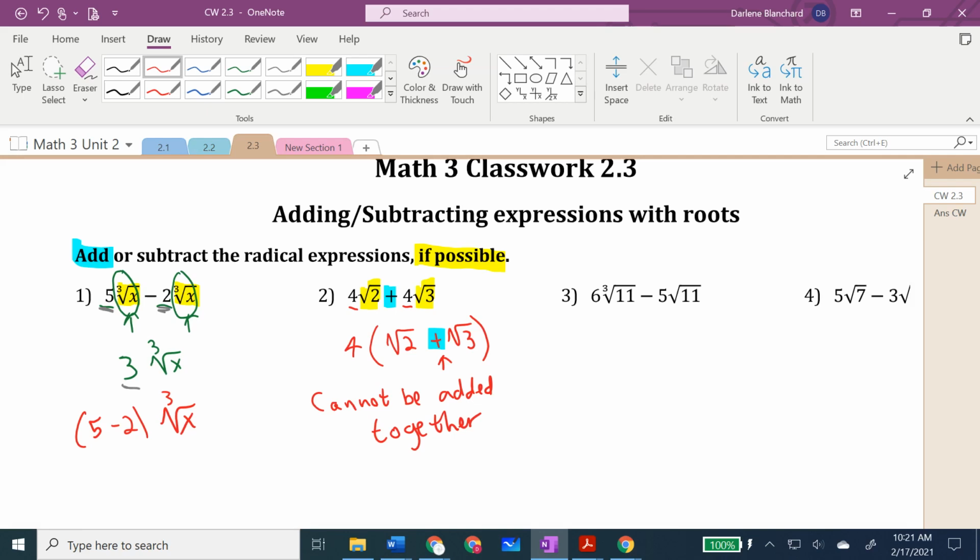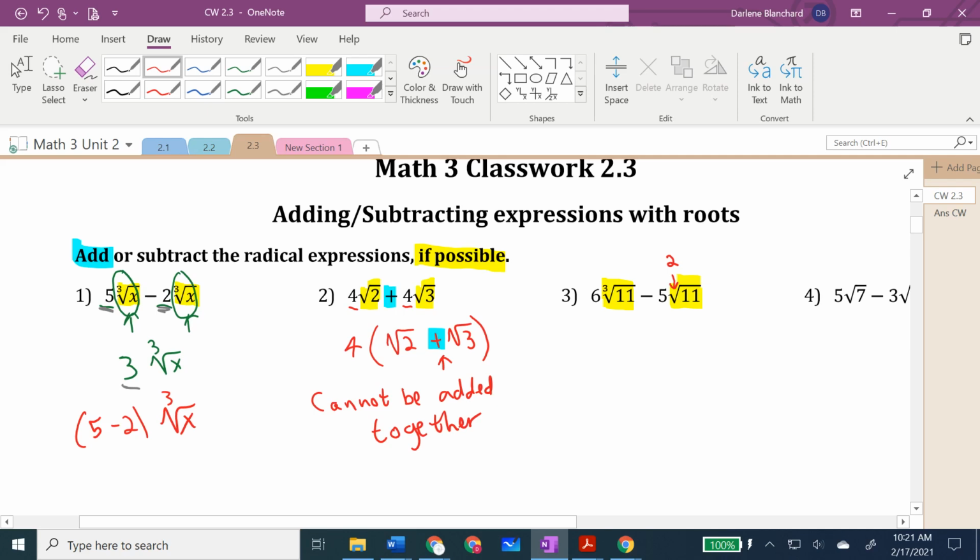So number 3, take a look at your roots. They both have 11 under the radical symbol, but they don't have the same index. When a number isn't written in the crease of that radical symbol, we understand that that's meaning 2.